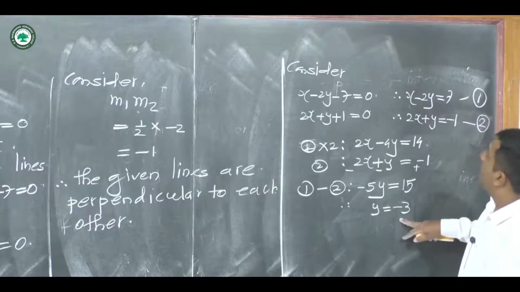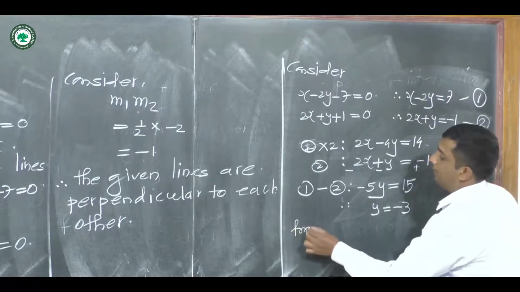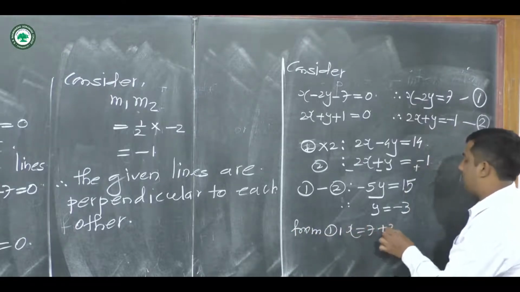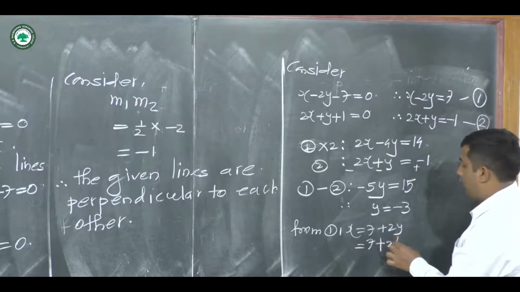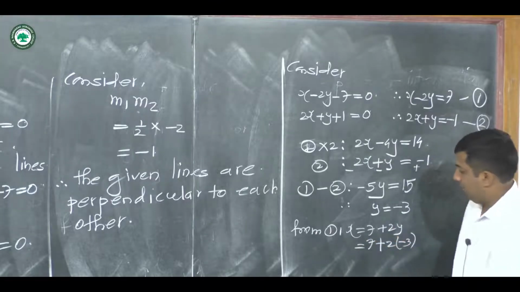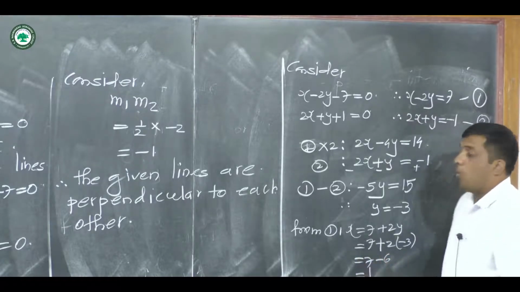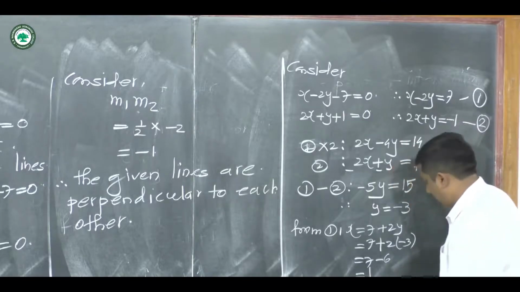Let's put this value of y in the first equation to find x. From 1, I write x separately as 7 plus 2y. This is equal to 7 plus 2 into minus 3, which is 7 minus 6, and is equal to 1. So we get the point of intersection.